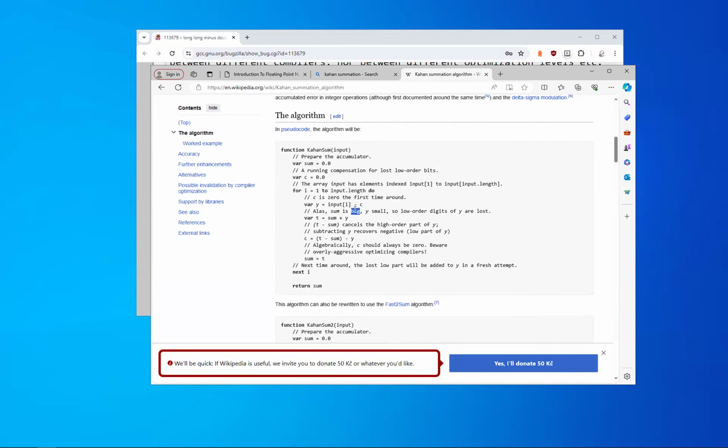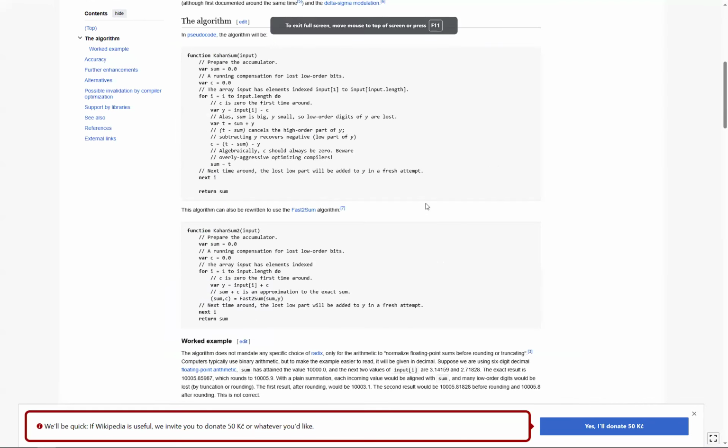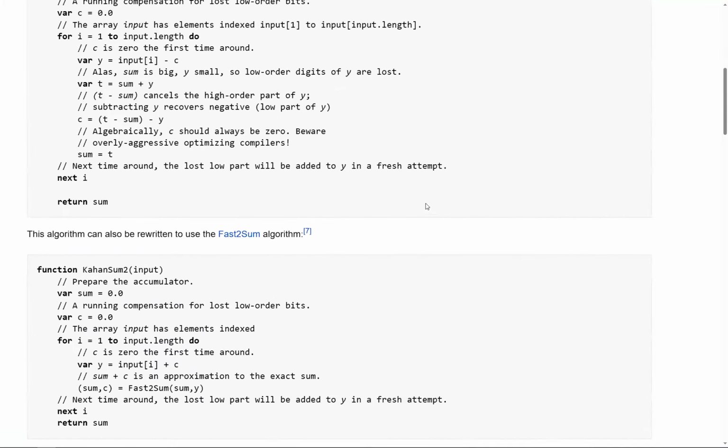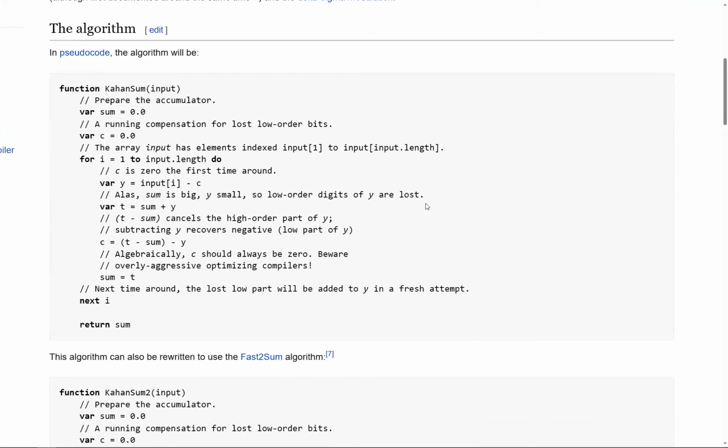So it looks like this. This is probably the simplest way to show it off. Might be a bit small. What's happening is that instead of just adding the number always to your running sum, you also compute factors that you can use to recover the parts that you discarded, like the low bits.